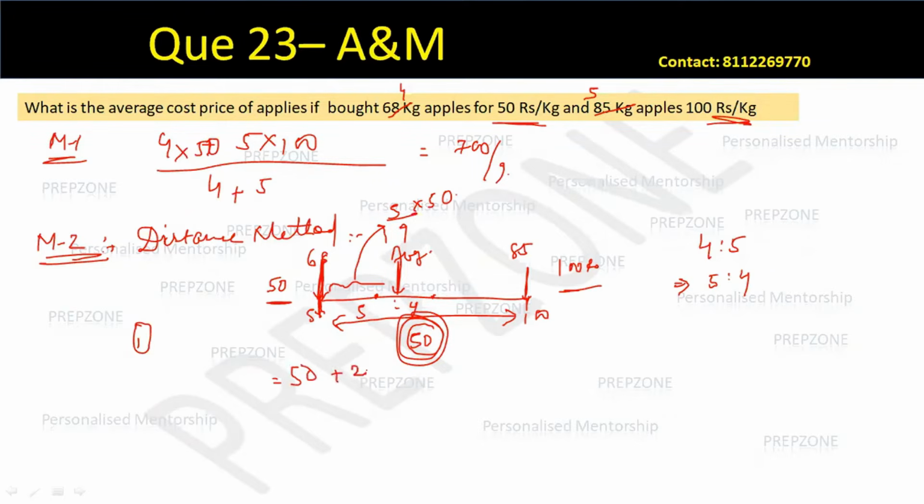So it is 50 plus 250/9, which is nothing but 700/9. You could have also done that this is 5/9 from this. So you guys could have also done that this is 4/9 units from here. So answer would be 100 minus 4/9 into 100.